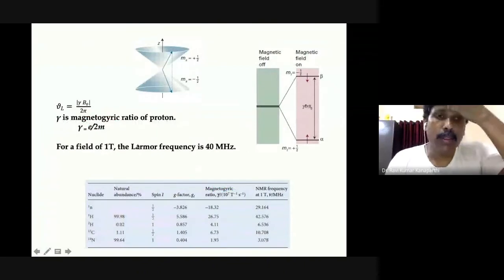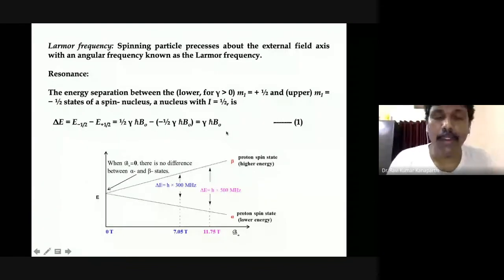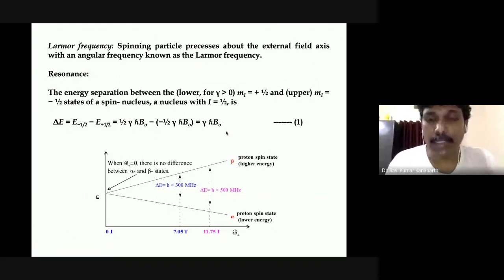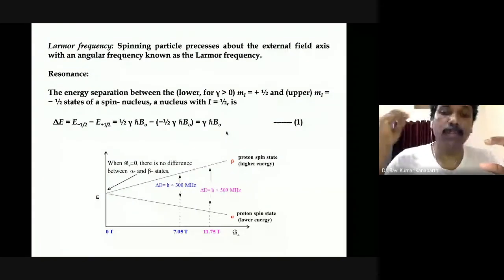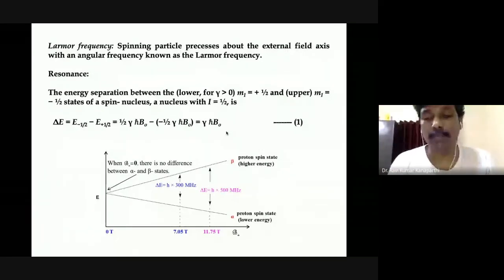From this, we can derive a simple expression for the frequency. Here you have the delta E. When this delta E matches the external electromagnetic field, that is the radio waves, I already gave the answer, then we can have a resonance condition. We have the energy gap, and if you use that radiation which exactly matches this energy gap, then we have the spectroscopy.